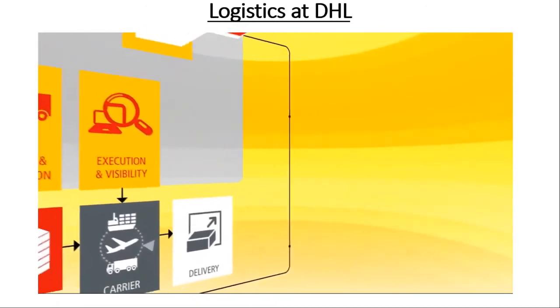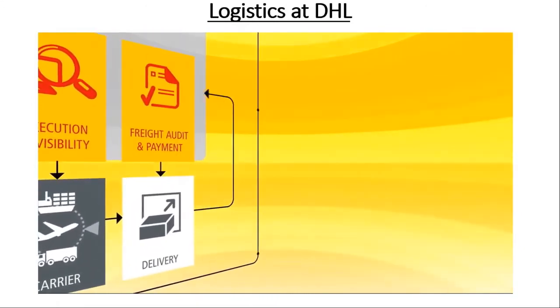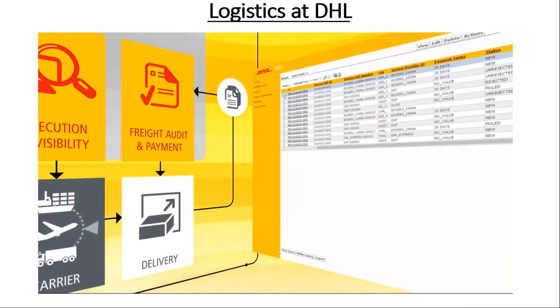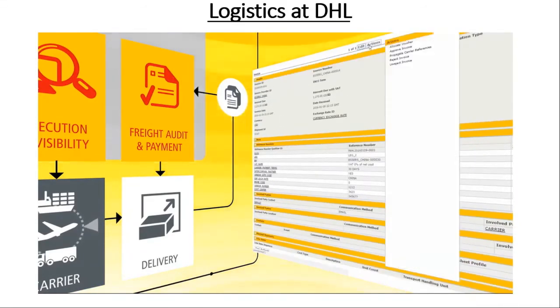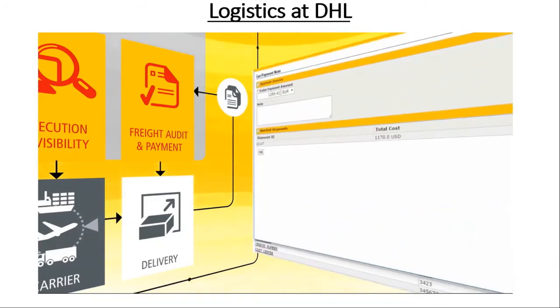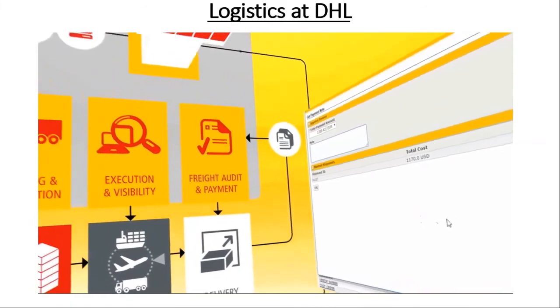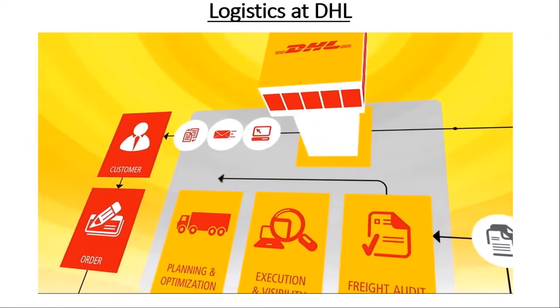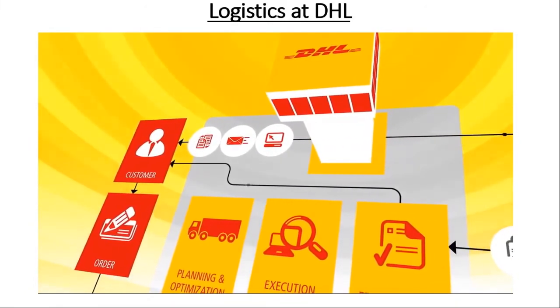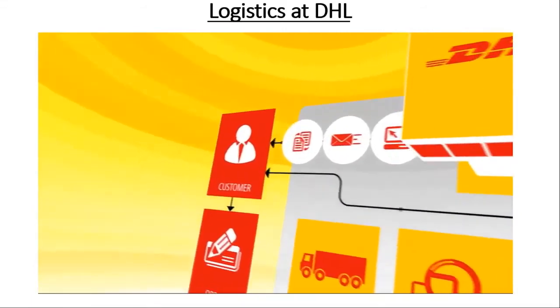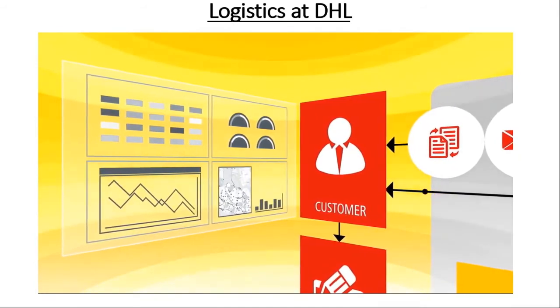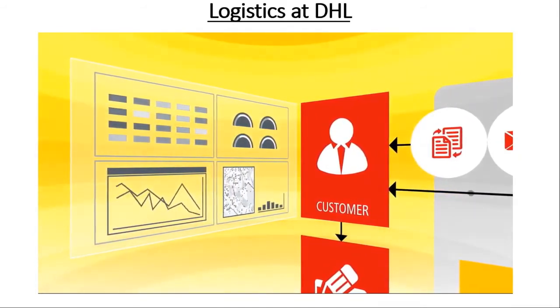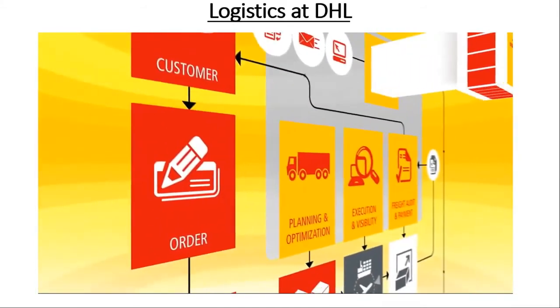And once delivered, DHL's Control Tower team manages the transport invoice and checks the costs are correct before organizing payment. The system provides business intelligence reporting, which the LLP operation uses to produce meaningful KPIs and analytics, tailored to individual customer requirements, which enable ongoing continuous improvement.